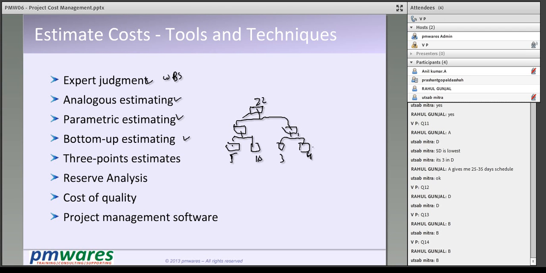This is bottom up estimates. This is 15 and this is 7. Okay, 3 point estimate, PERT estimate we talked about yesterday.